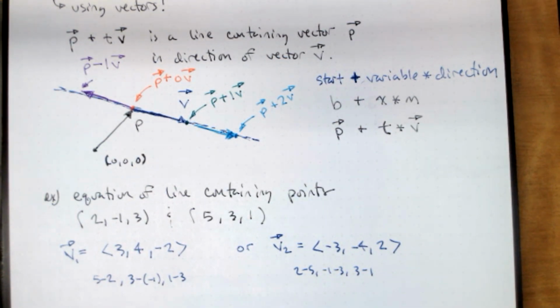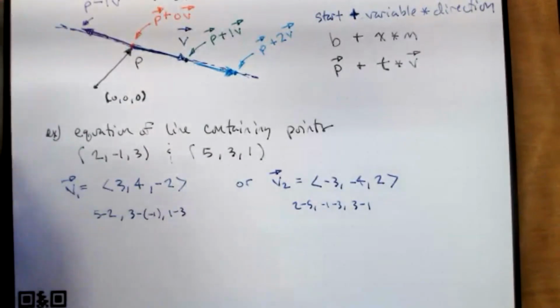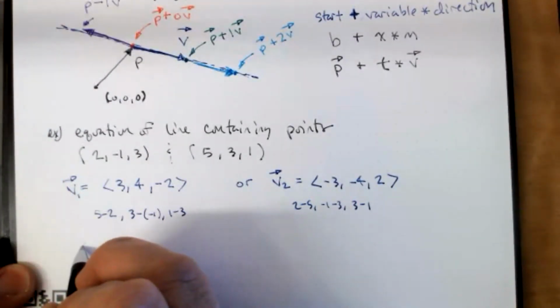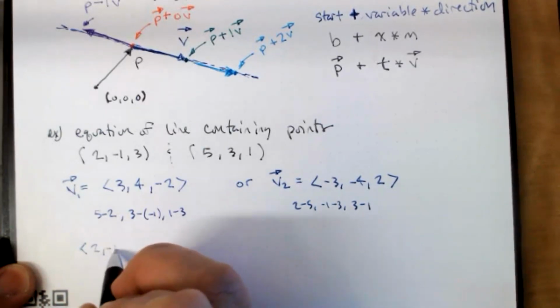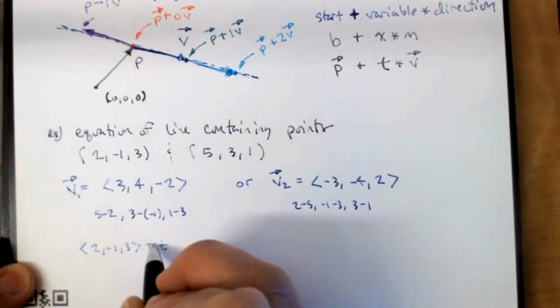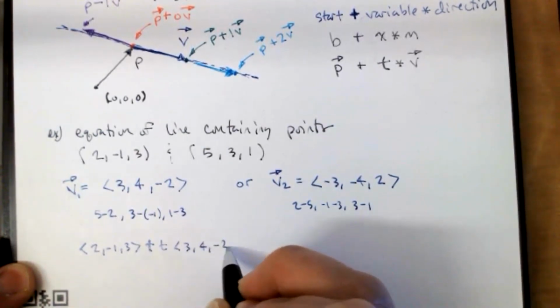I can use either one of these points as a starting point. So I could say it's (2, -1, 3) plus t times (3, 4, -2).